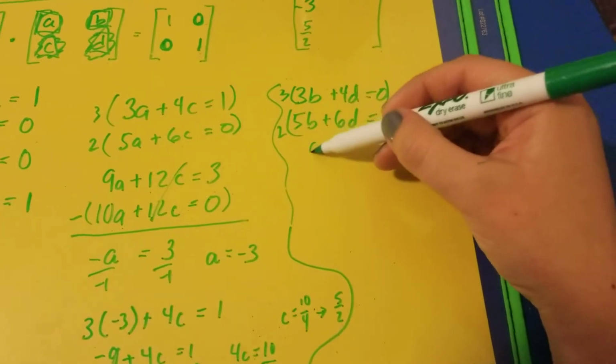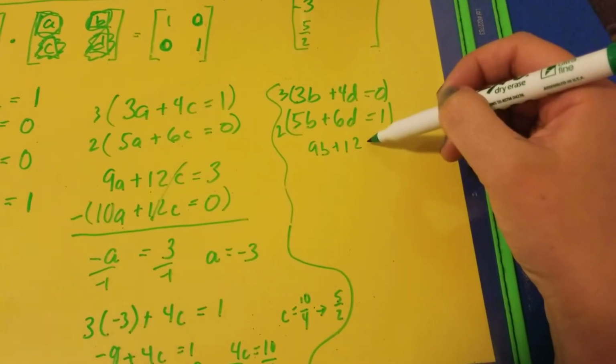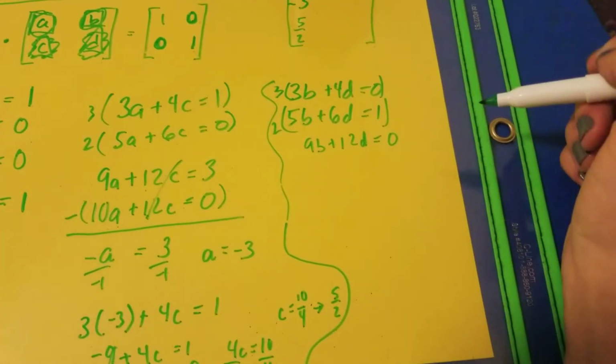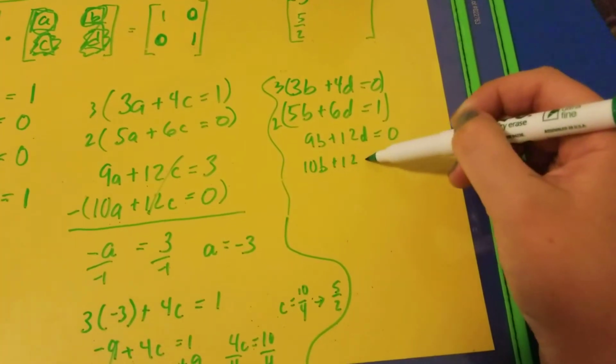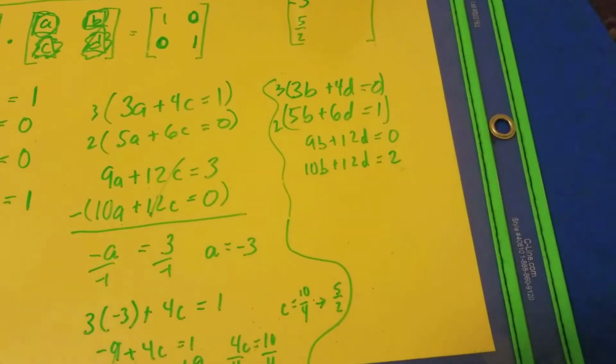So now I have 9b plus 12d equals 0. And I have 10b plus 12d equals 2.